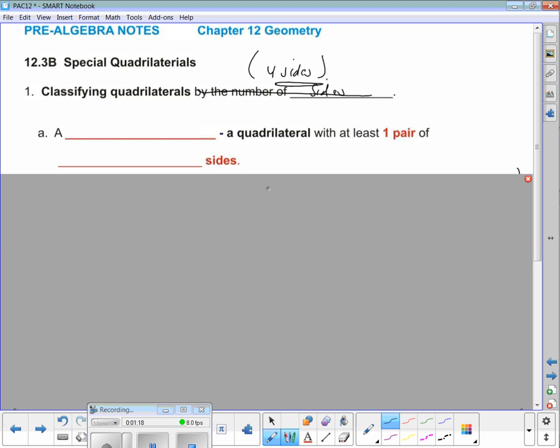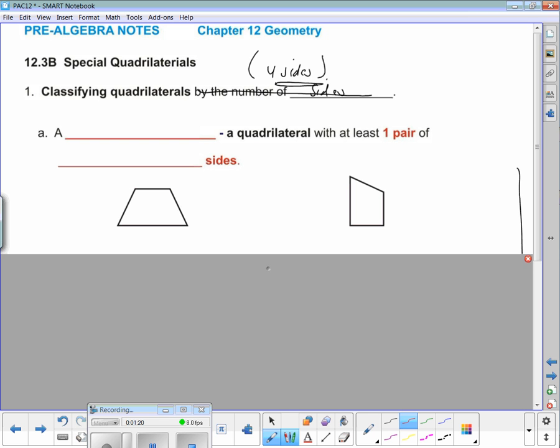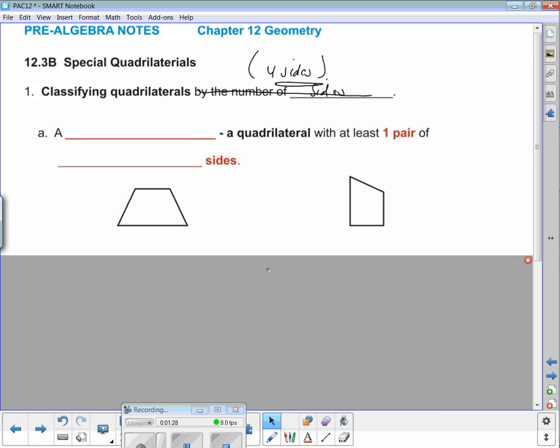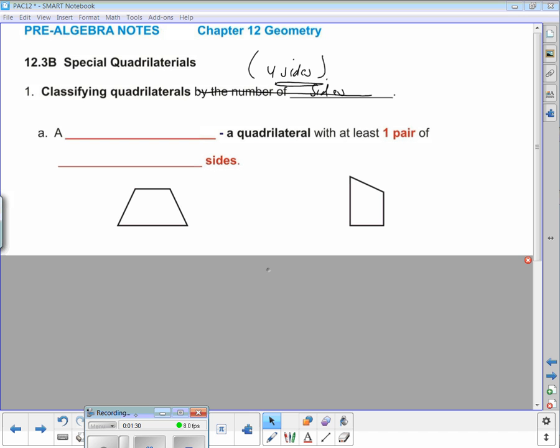All right, first one. Let's see if you know the name. Don't say it out loud. But does anybody know the name of that shape? Either one, they're both the same. They are quadrilaterals. No doubt about it. They have 4 sides. Andrew? Not a rhombus.